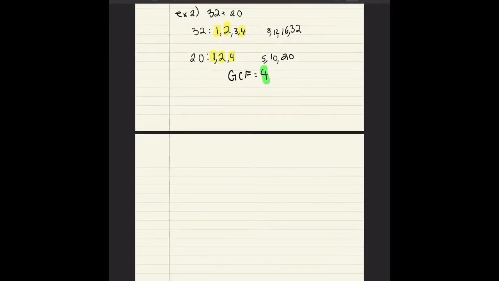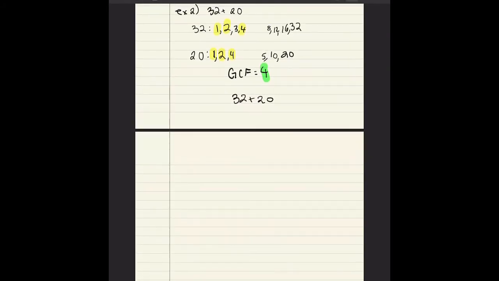And now we're going to write that out. So we have 32 plus 20. We're going to write with these as our products. So 4 times what is 32? 4 times 8 is 32.